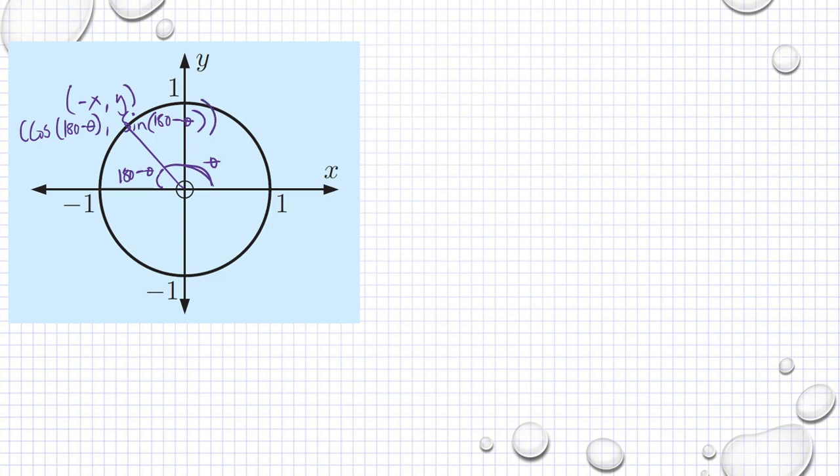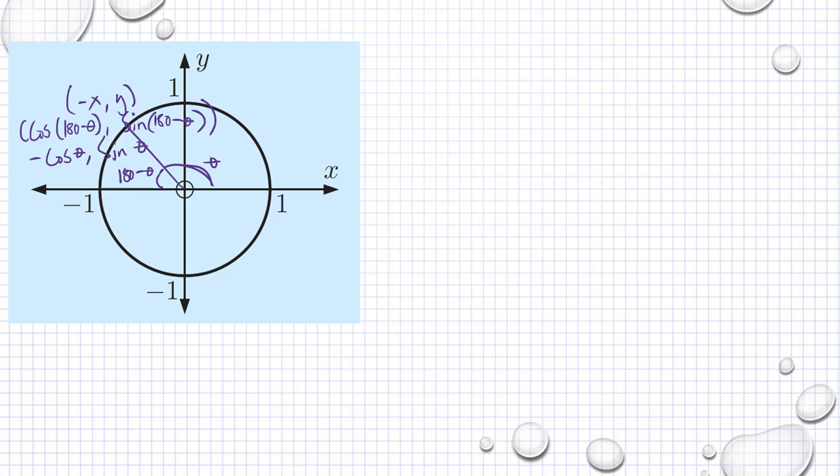And as you can see here, the value of cosine 180 degrees minus theta is equal to negative cosine theta. Why? Because they are coterminal. They have the same value. But sine is still the same.